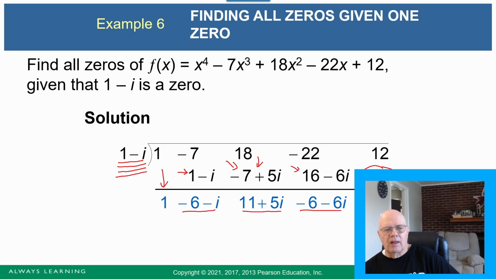So 1 minus i, as we knew, is a factor, or is a 0. Now, that gives us a really strange polynomial. Because remember, this is the constant, this is the x term, this is the x squared term, and this is the x cubed term.